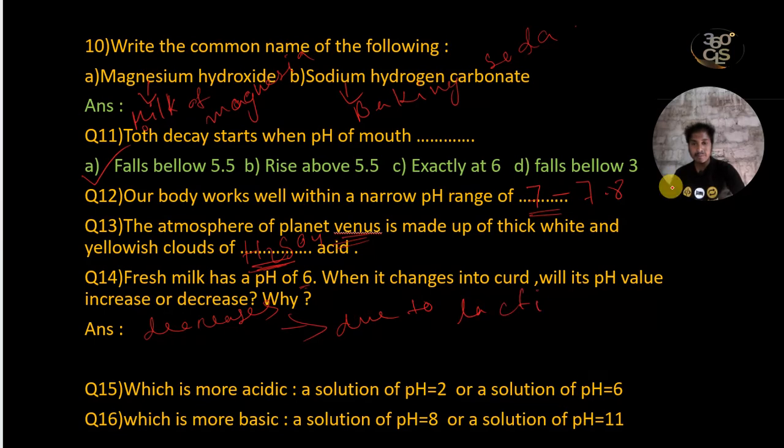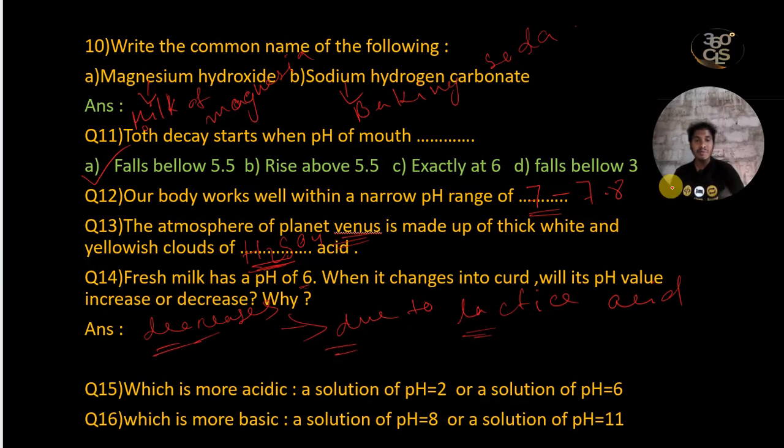So when milk turns into curd, lactic acid is produced, and it becomes curd. So due to the lactic acid, the pH value changes. As we have already done, we know that if the acidic behavior increases, the pH value decreases. So here the answer will be decreases.